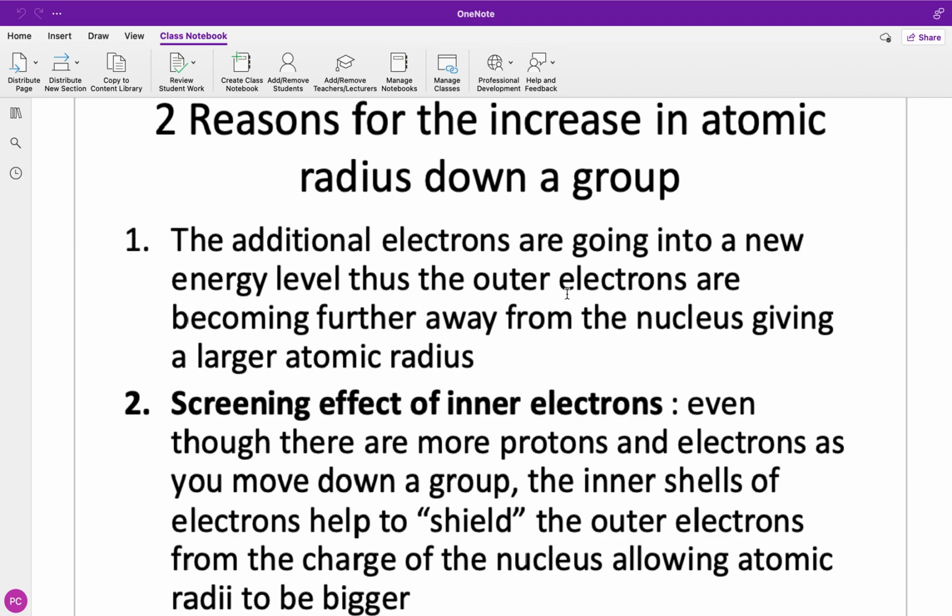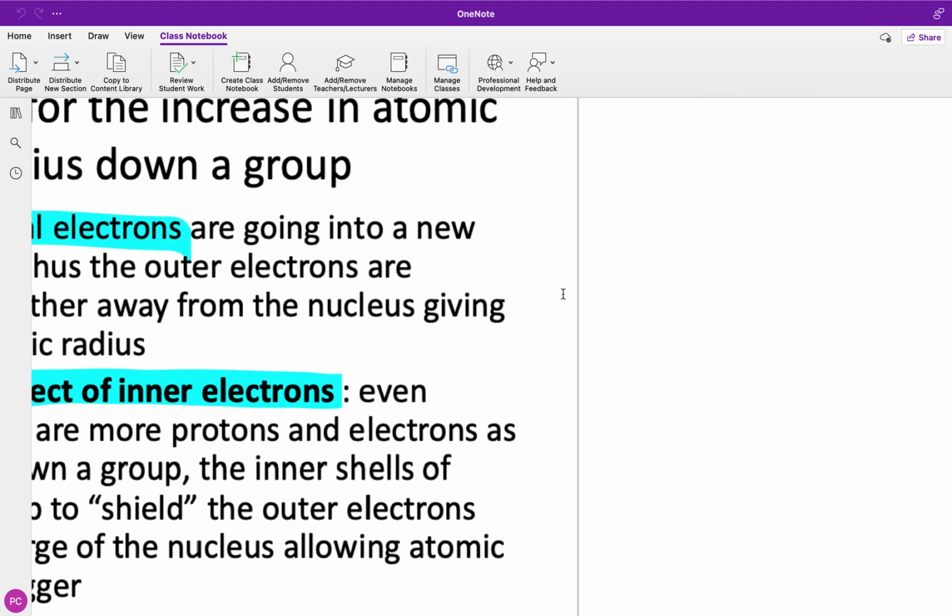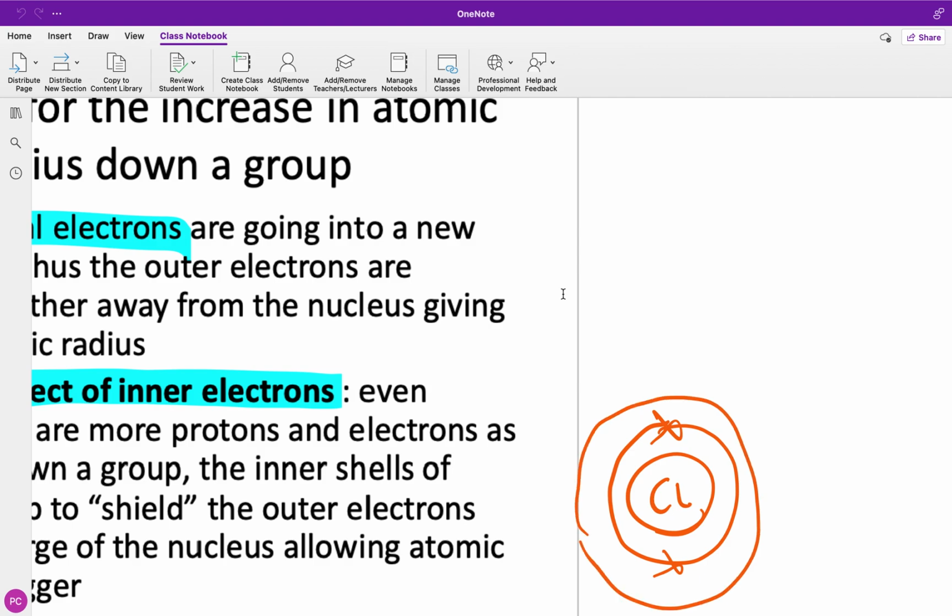So number one is the additional electrons, and number two is the screening effect of inner electrons. So if you think of an atom, say we stick with chlorine, and you have the electrons right in here. Chlorine has 17 electrons, so it's 2, 8, 7. So you're going to have 2, 8, and you have the 7 electrons out there.